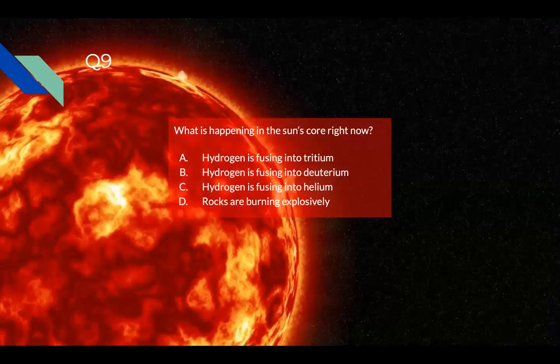Question 9. What is happening in the sun's core right now? You guys have your options. Naveen, you get another point. You're correct. You get another point, man. Ditya, you are correct. Good job.